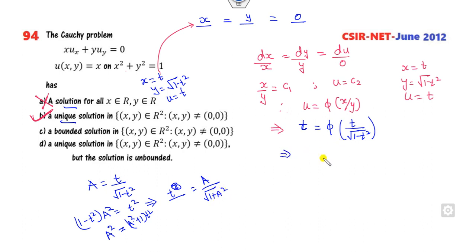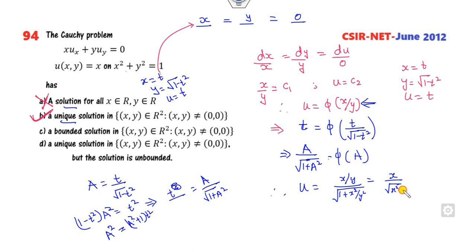So I can simplify here as phi of a. So t will be a over 1 plus a square. Therefore I can substitute here. u is phi of a, that is a is x over y divided by 1 plus x square over y square, which is x over x square plus y square.